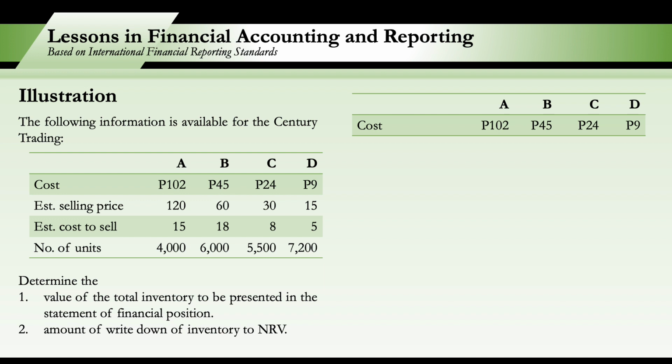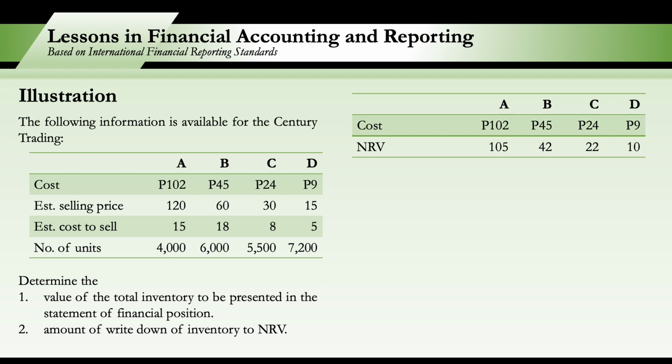All other items are disregarded. In this problem, we only have estimated cost to sell as our deductible amount. So, 102 minus 15, 60 minus 18 for B, 30 minus 8 for C, and 15 minus 5 for D. So our NRVs are 105 for A, 42 for B, 22 for C, and 10 for D.